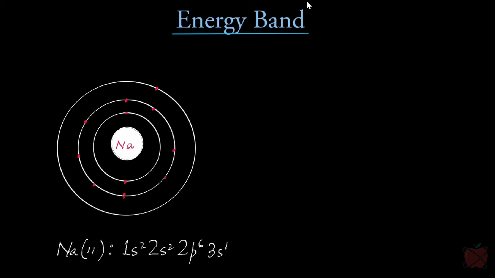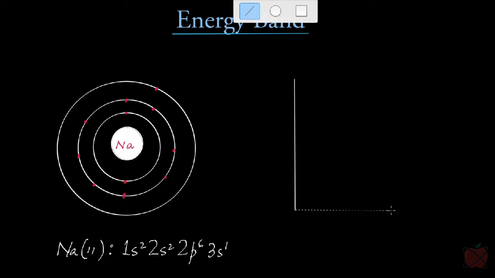Now let us draw the energy level and show which orbitals the different electrons of sodium occupy. We have these two electrons, they will occupy the 1s orbital, arranged in this way.